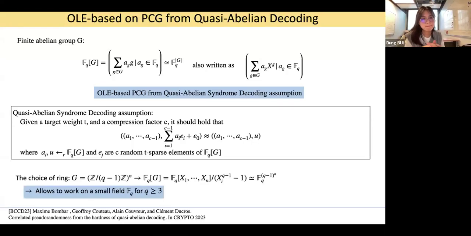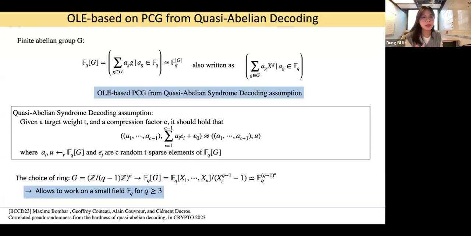So the choice of the ring, and the choice of the field, matters here, because we need to step out of the case where the size of the field is large.